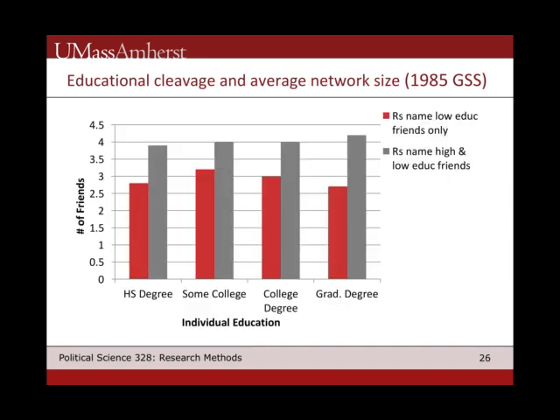However, there is another variable that was measured on the 1985 GSS, which is whether or not you named at least one friend who had a college education. And so here we can see that of the people that named at least one friend with a college education, regardless of their own level of education, they named on average 4 people that they discussed politics with instead of on average 3 people that they discussed politics with.